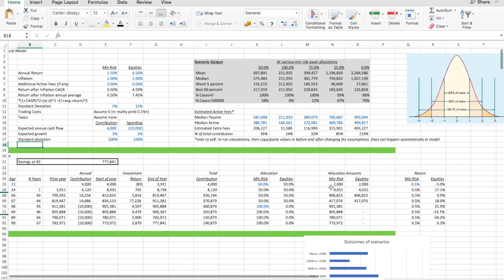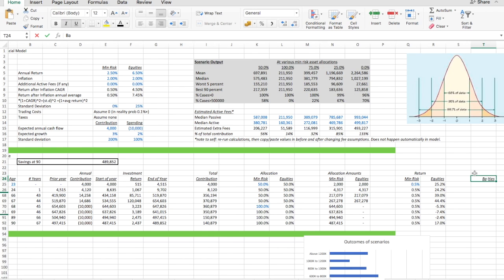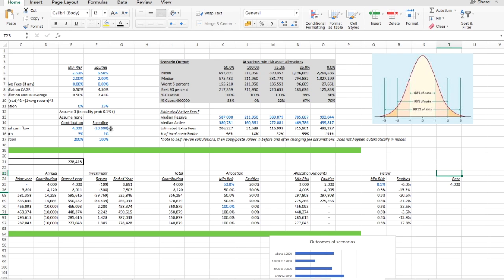Then what I want to do is move out here to the right in the model. I think it gets a little tricky, but now what I want to do is have the base. So this is assuming no volatility. So base is therefore the 4,000 in the first year. This is a big point, but this section is based on the start of the year.